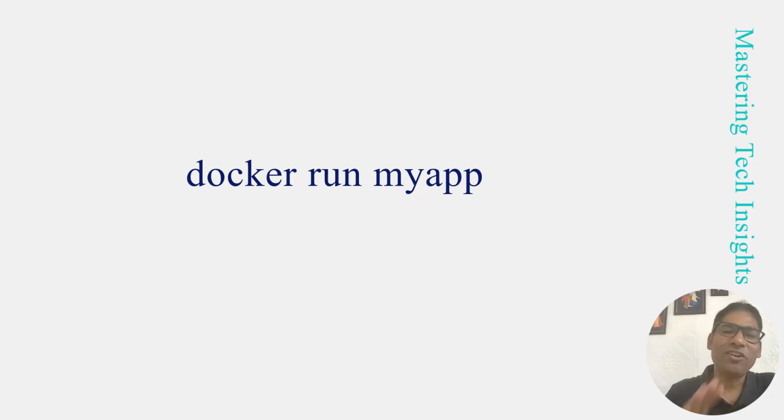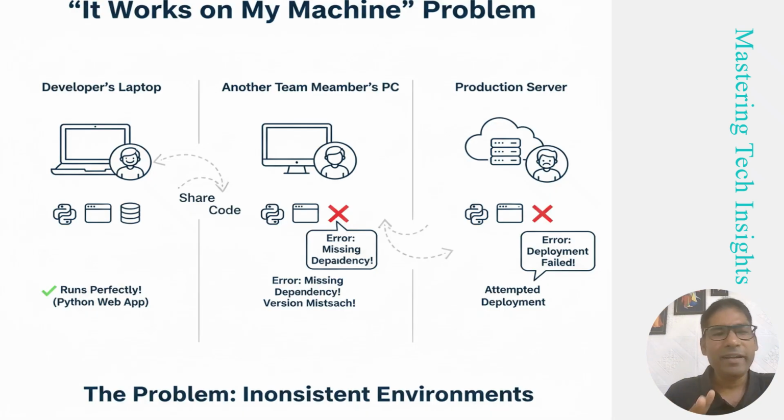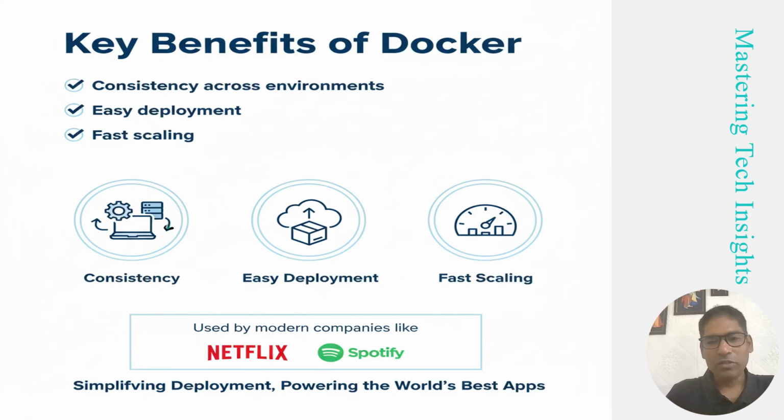Now everyone can run your app using a simple command, docker run my app, and it works exactly the same everywhere. The key benefits are consistency across environments, easy deployment and fast scaling. That's why nearly every modern company, from Netflix to Shopify, uses Docker to simplify deployment.